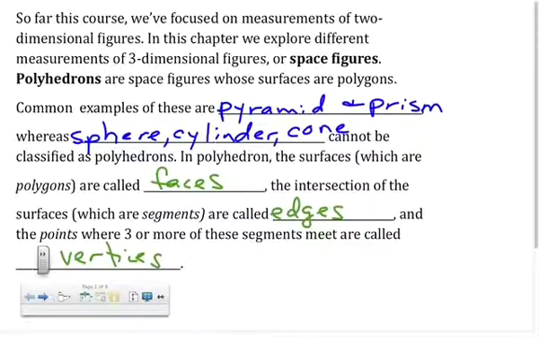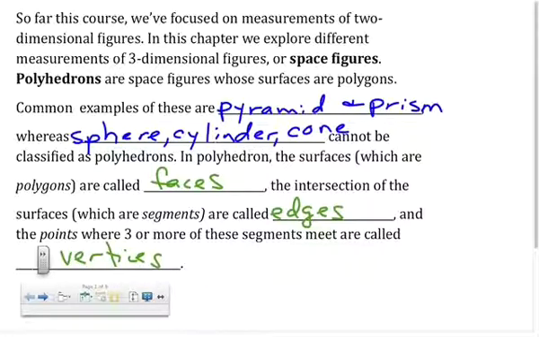Okay, so to bring this vocabulary into our classroom, looking at our classroom, that wall would be considered which of those three? Is it a face, an edge, or a vertex? That's a face. How about that line up there? That's an edge, and then that corner, that's a vertex.